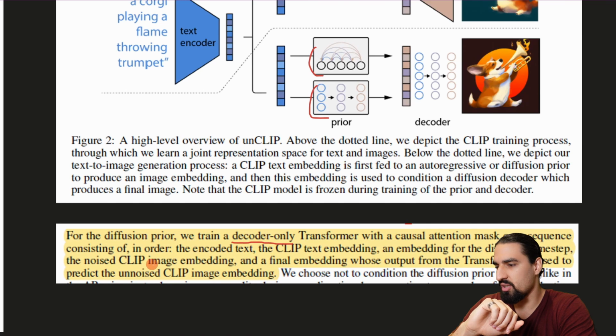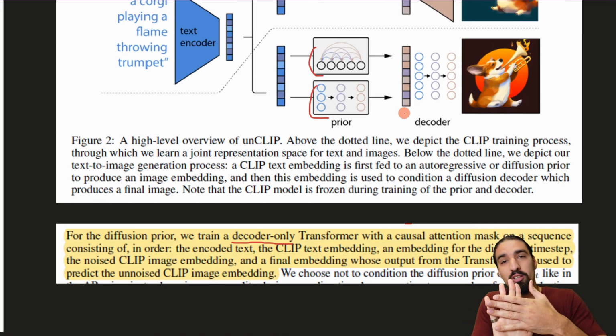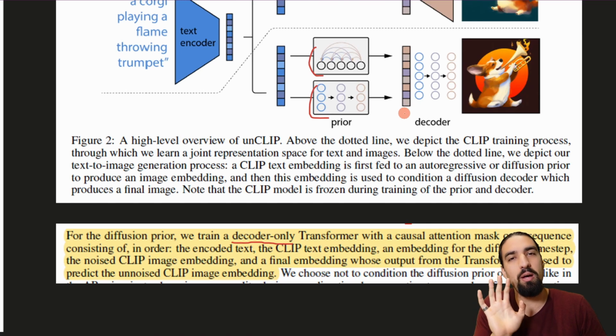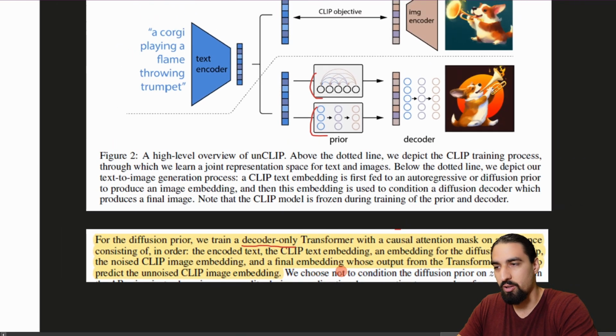And then the noised CLIP image embedding, so the noisy version of this one. That corresponds directly to how, when you're training diffusion models on images, you pass in the noisy image. Here you pass in the noisy image embedding vector. And finally, a final embedding whose output from the transformer is used to predict the unnoised CLIP image embedding. Okay, so that's the idea.